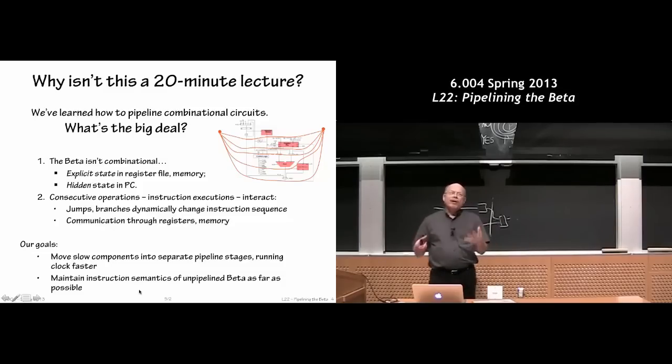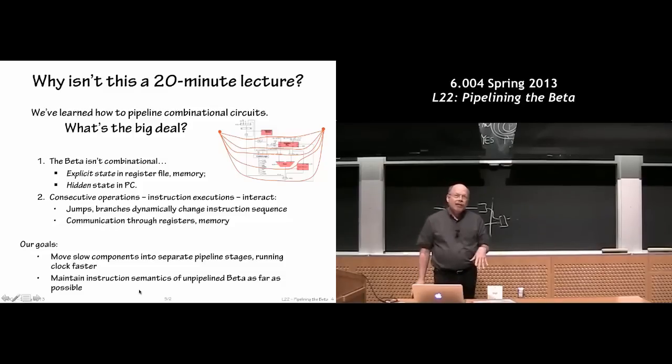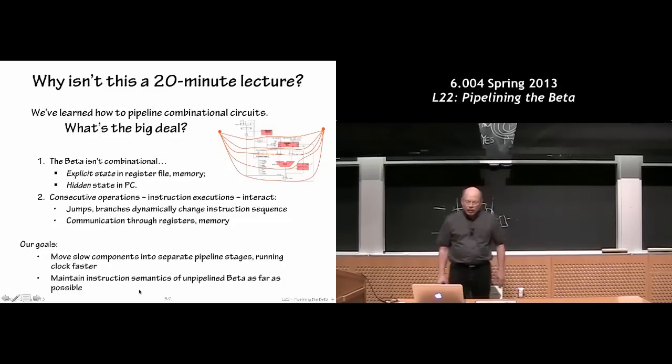Our goal is to have them work unchanged and correctly on the pipelined Beta, they just run faster. Intel would not be able to sell new processors as well as they seem to if, in doubling their speed, they also said, by the way, every program in the world has to be rewritten. That wouldn't be a practical thing for them to try to get away with.